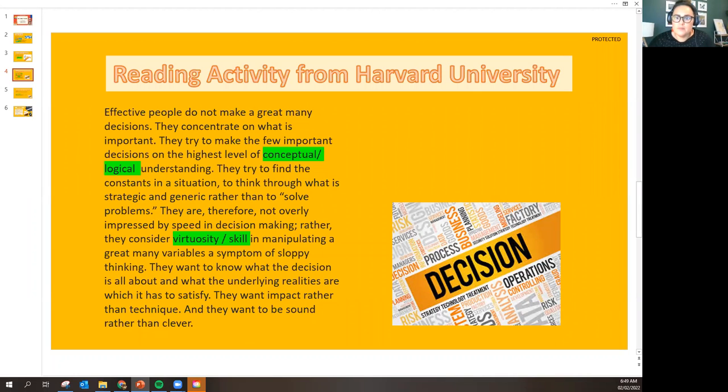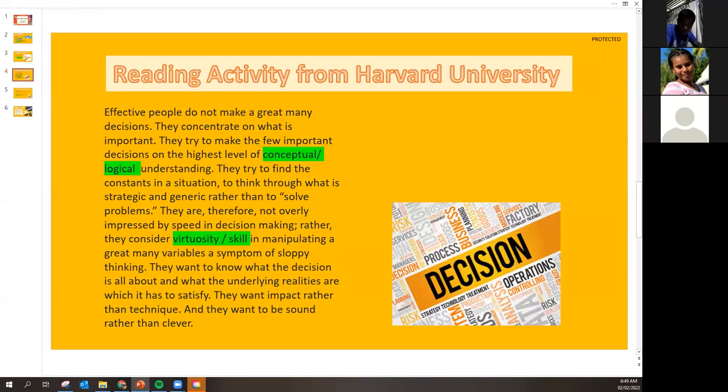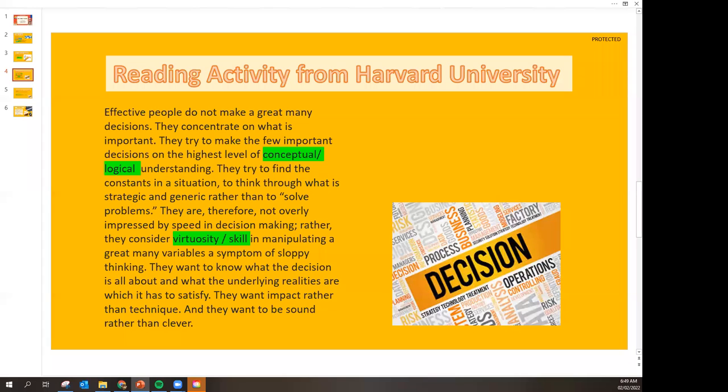Effective people do not make a great many decisions. They concentrate on what is important. They try to make a few important decisions on the highest level of conceptual and logical understanding. They try to find a constant in a situation, to think through what is strategic and generic rather than to solve problems.